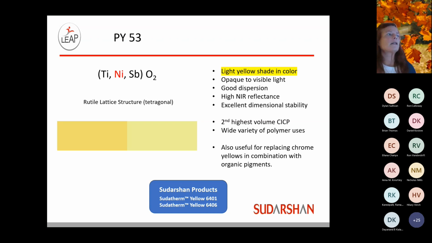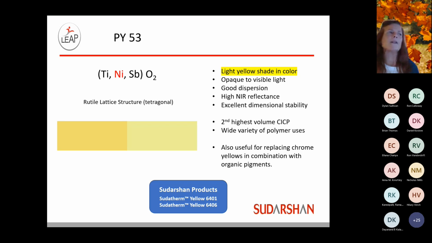With this color index, the nickel is the primary coloring metal ion that gives it its light yellow color and shade. It is a very good dispersible colorant with very good near IR reflectance. This particular color index is the second highest volume of CICP that is used.